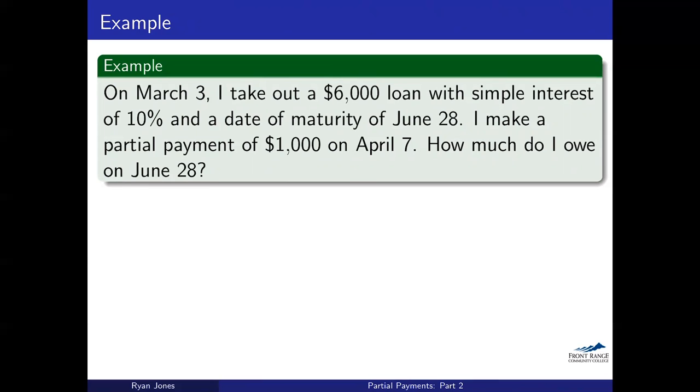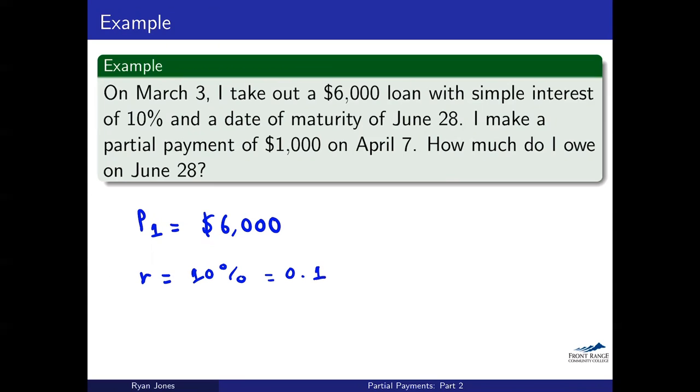I am going to label some of our important variables. We've got P1 is 6,000. We've got R is equal to 10%, which is equal to 0.1.